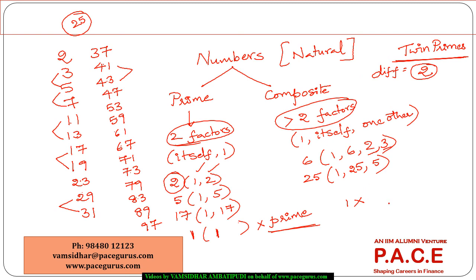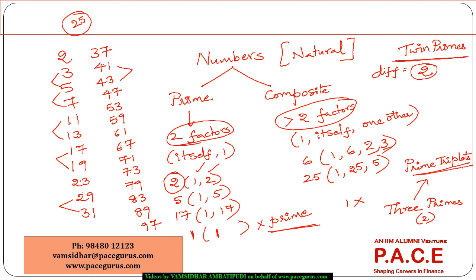A similar concept is when there are three different prime numbers which are separated by a distance of 2. They are called prime triplets.